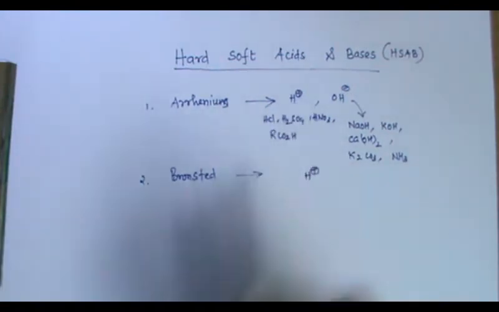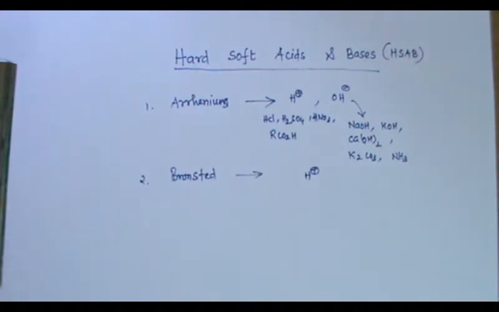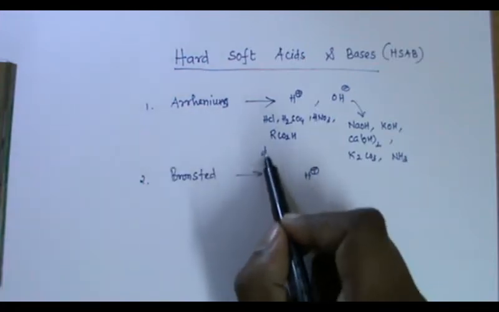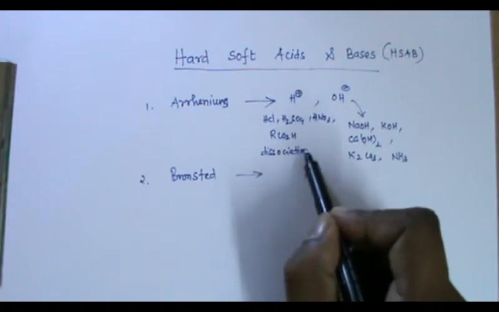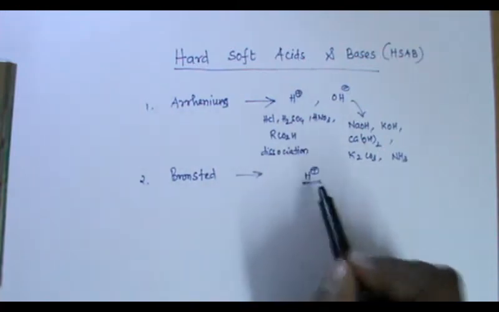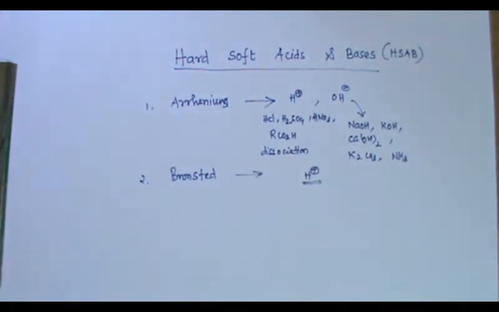So similar to this, it gives H plus. It need not dissociate completely. If it gives H plus, then that is called acid. So here that is dissociation, but here if it gives H plus, then we call it acid.